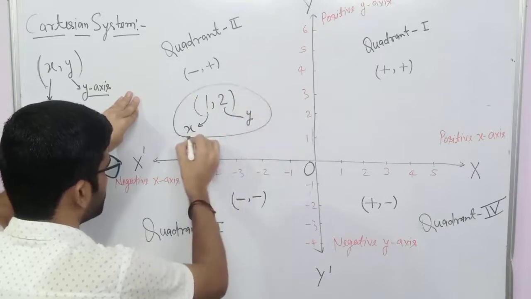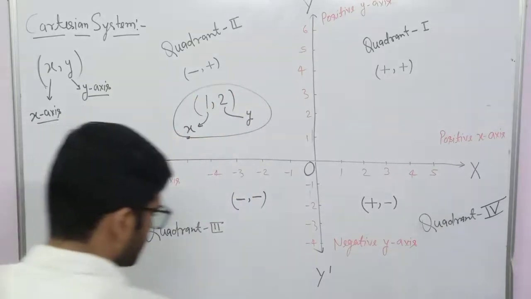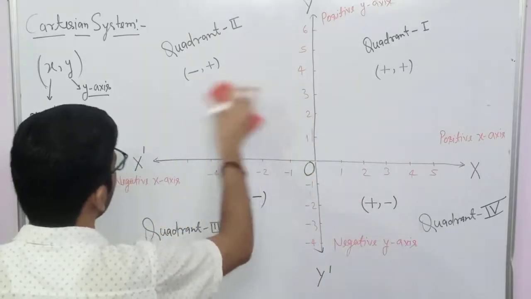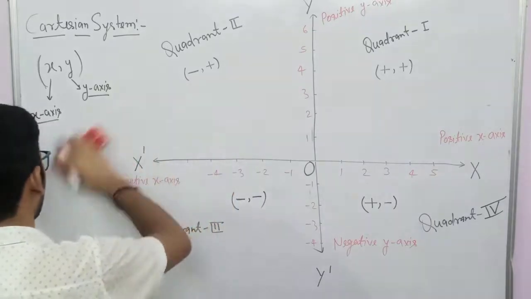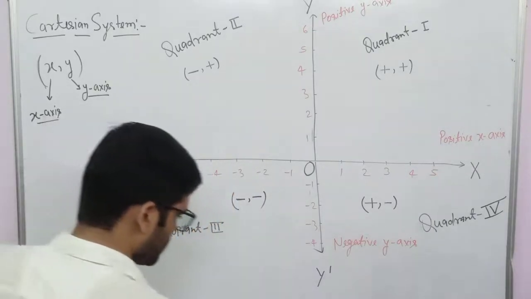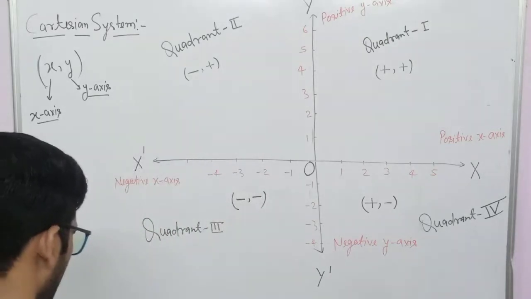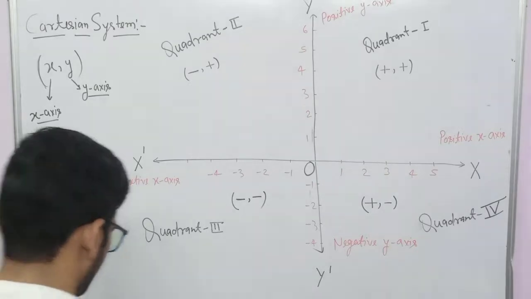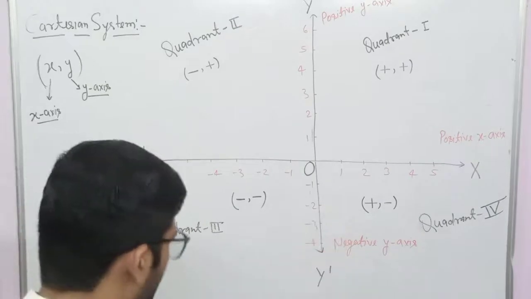This type of image is generated in your mind. So if you have any points, you can say in which quadrant these points lie. So this is the basic information.